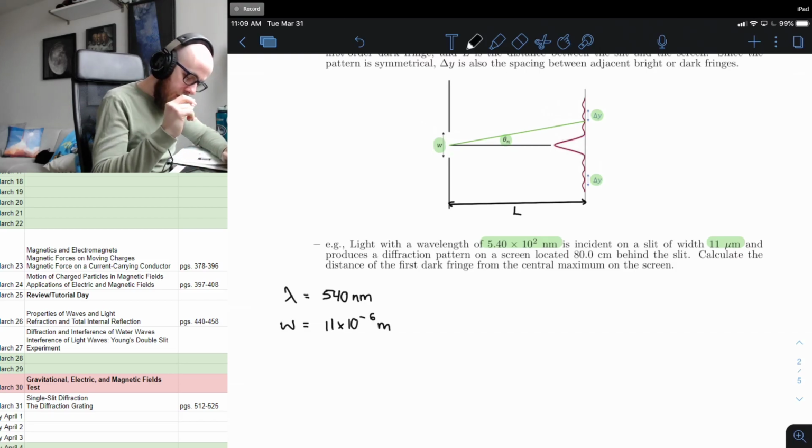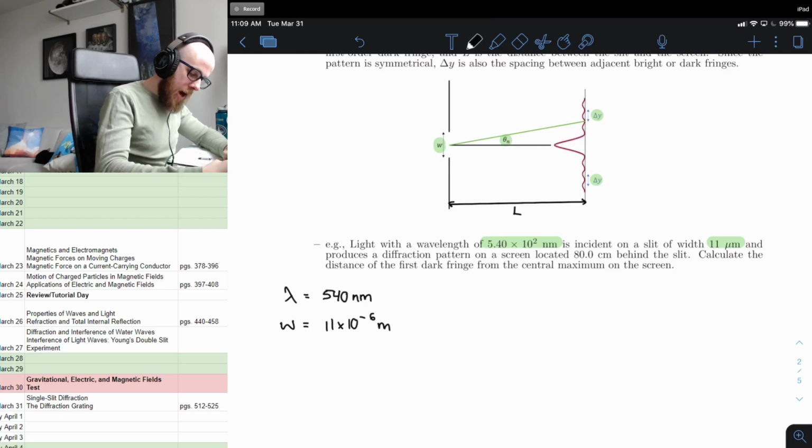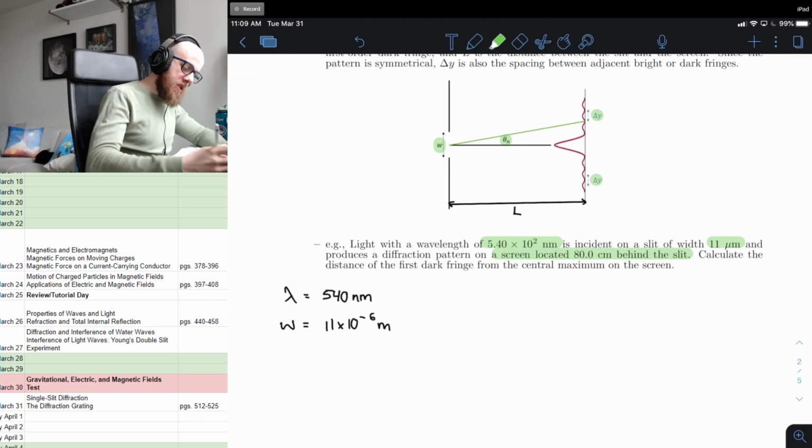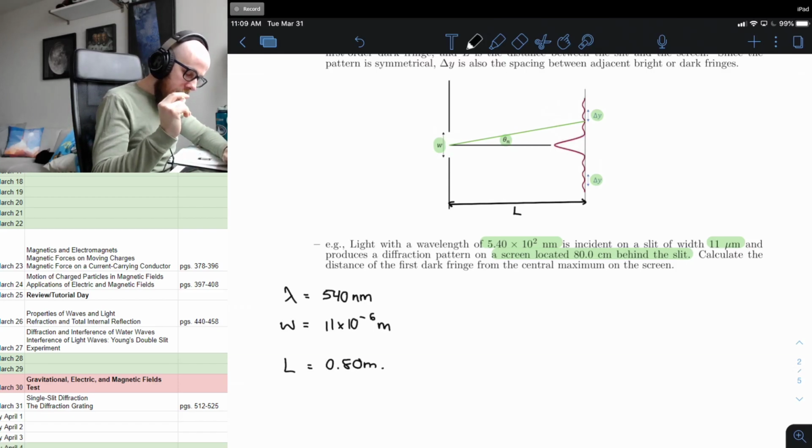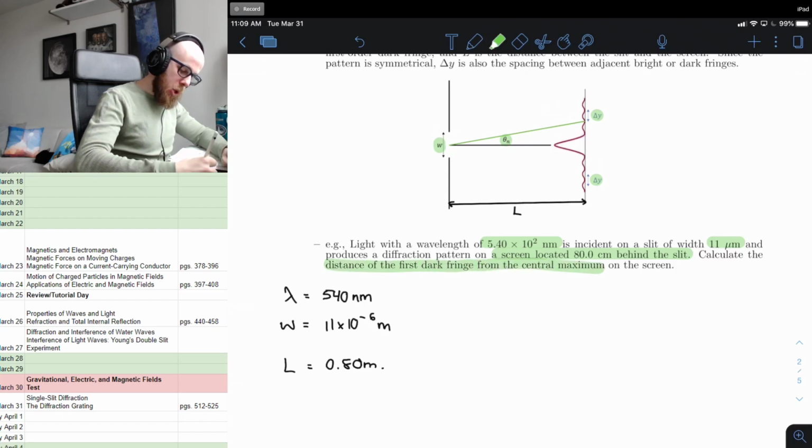It produces a diffraction pattern on a screen located 80 centimeters behind the slit, so L is 0.80 meters. We have to calculate the distance of the first dark fringe from the central maximum.